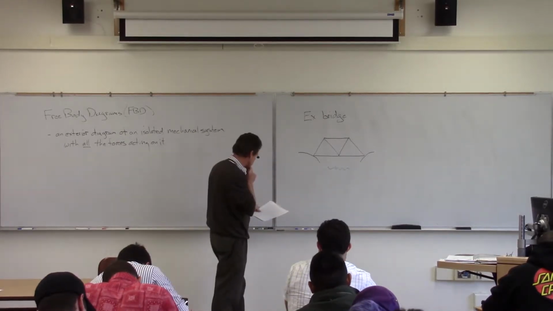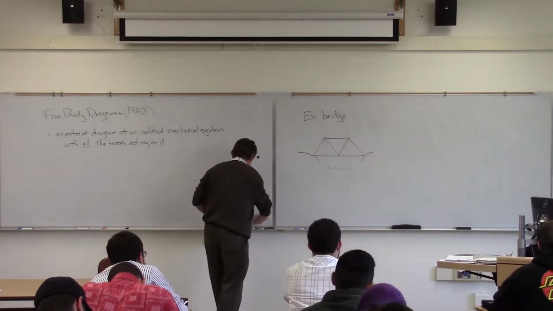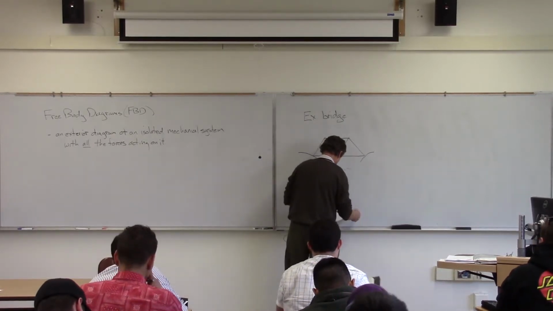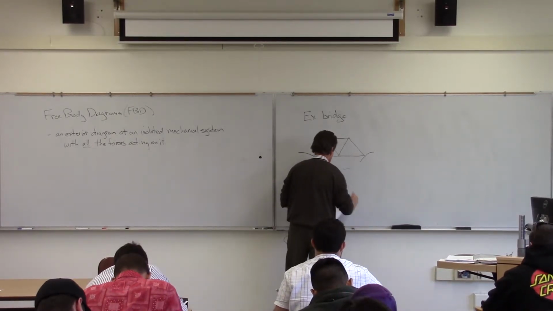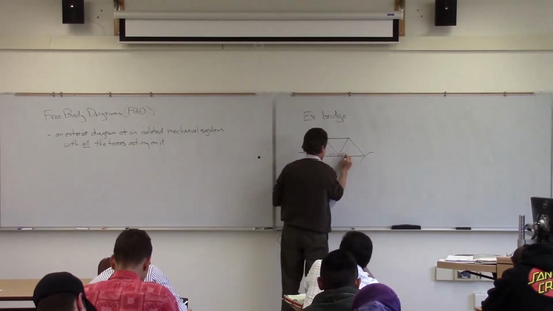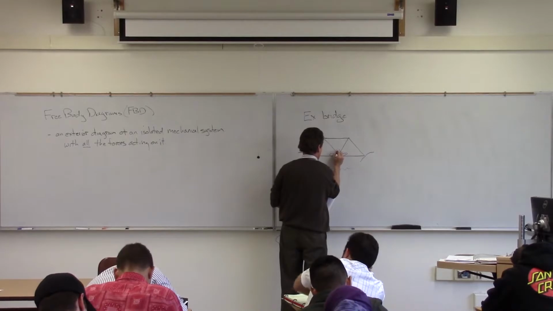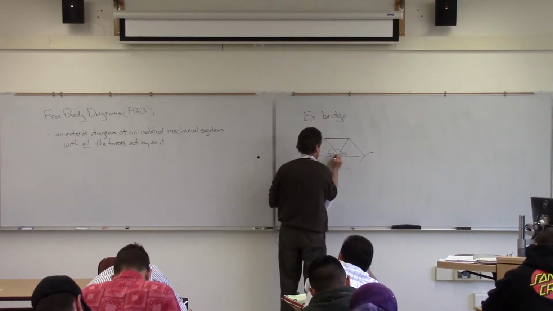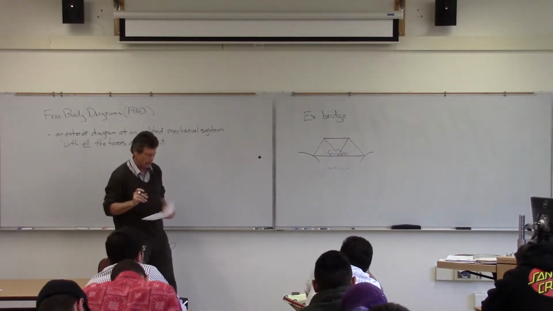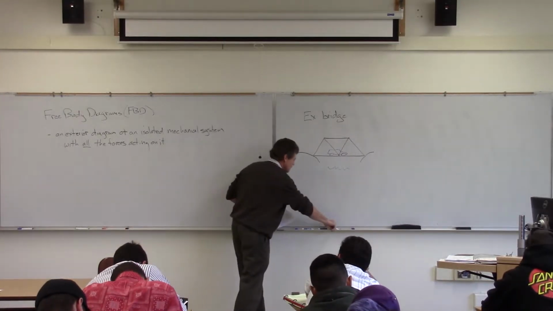We'll get to talk about trusses and start solving them earlier or later in the course. Draw a Subaru or something like that. So we have a car there too that's weighing something.